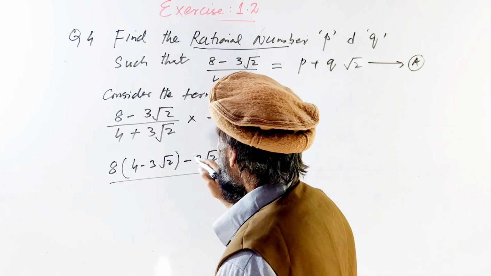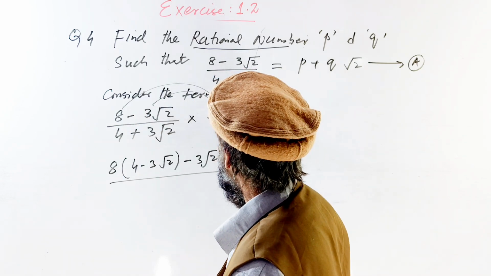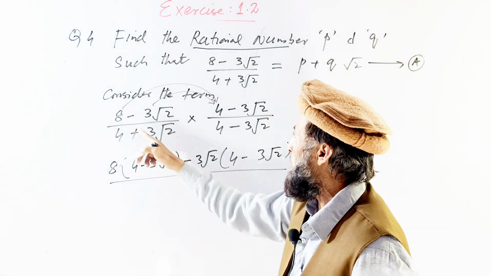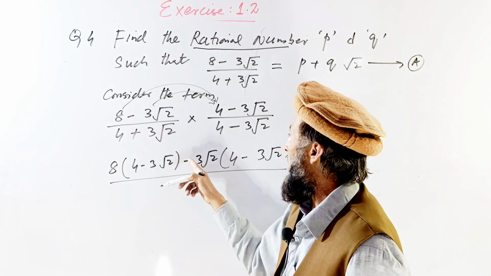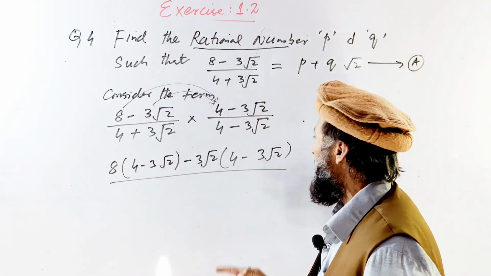Means we first multiply by this term, and then the second term is also multiplied with both terms.